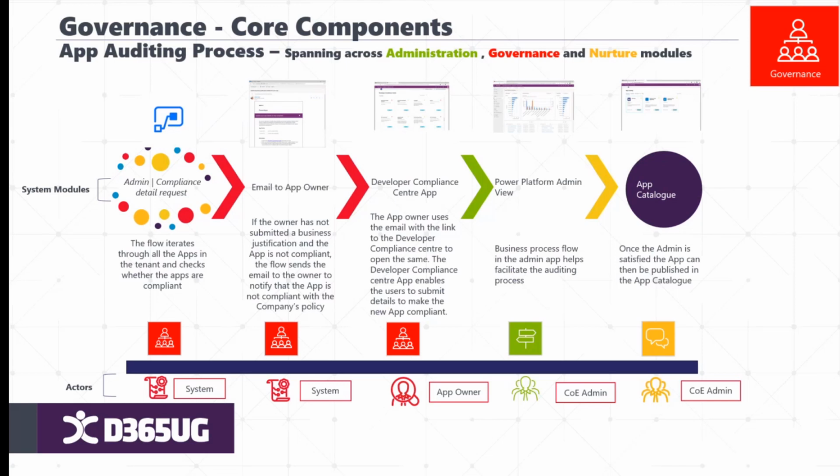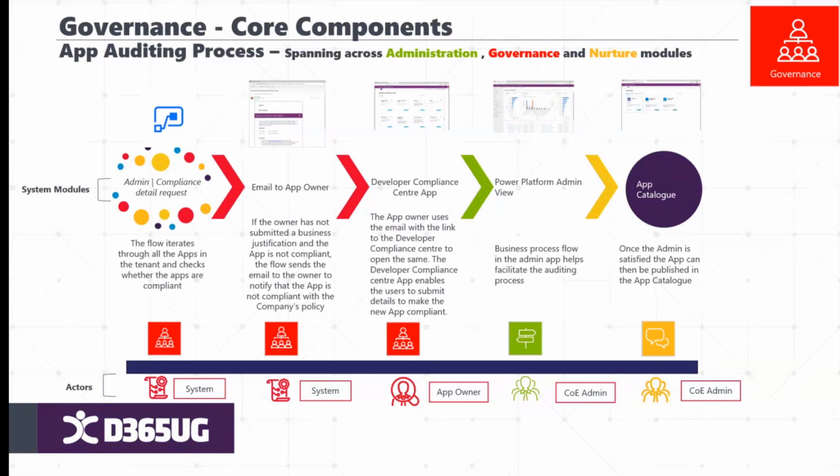But this process is more in terms of the new apps that are being onboarded. So the first thing that you do is it looks at all the apps, and then the flow sends an email to the owner notifying them that the app is not compliant with the company's policy. The app owner then goes to the developer compliance center and looks at the justification details that they need to provide for the app to be compliant.